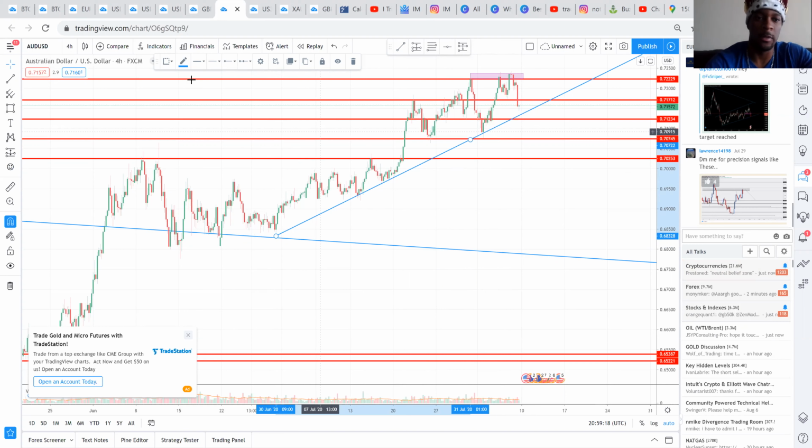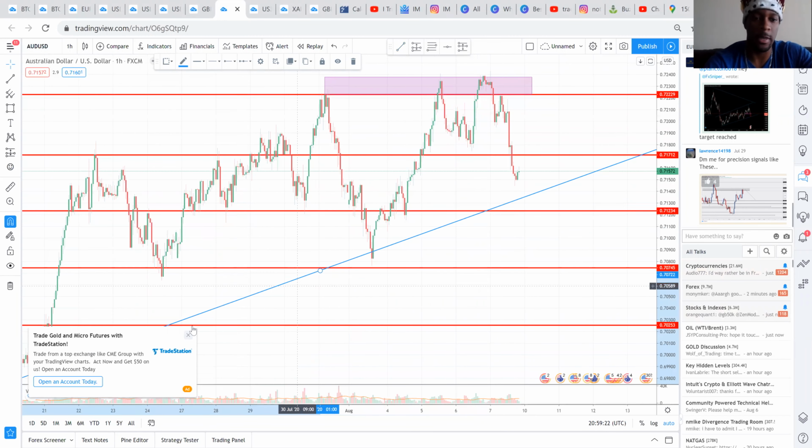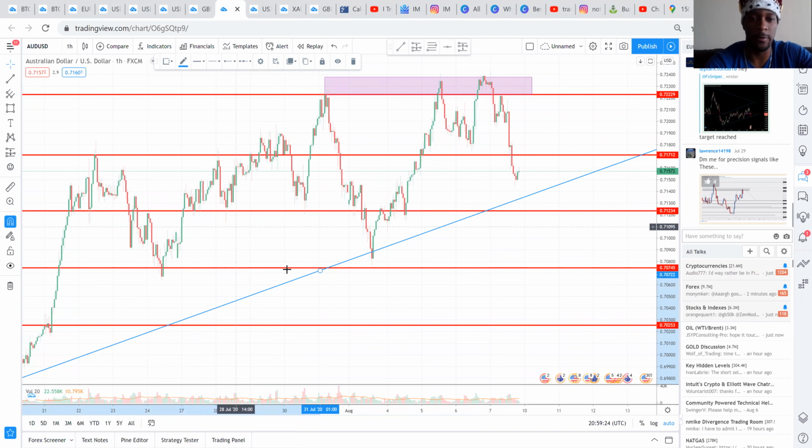So let's go to the 1-hour chart. So let's say if we were trading this, we would look for buy opportunities. And for buy opportunities, we'll look for entries to buy off the trend line.